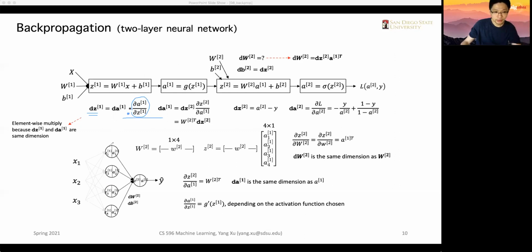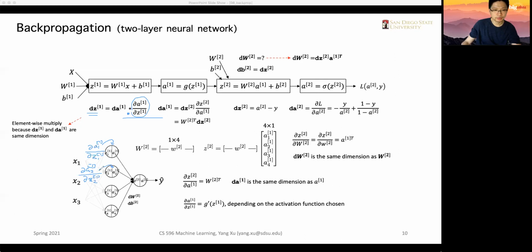For example, there's a partial derivative of A1 with subscript 1 with respect to Z1 with subscript 1. This partial derivative is particularly for this unit. For the second unit, there will be a different value, which is the partial derivative of A1 with subscript 2 with respect to Z1 with subscript 2.